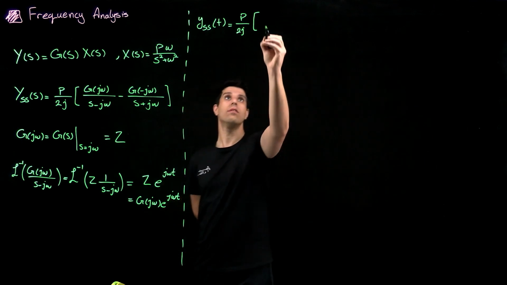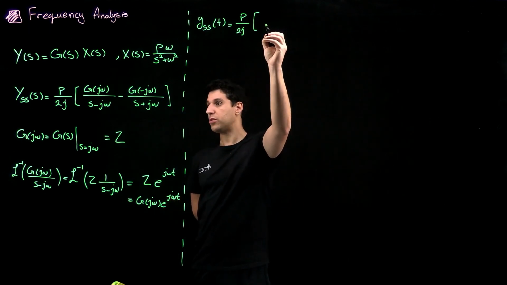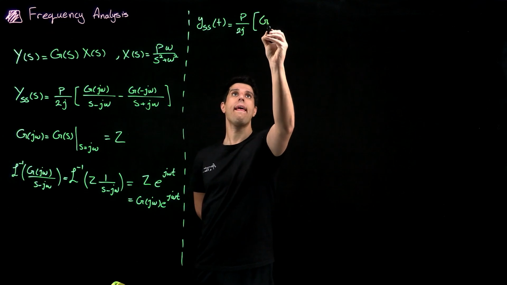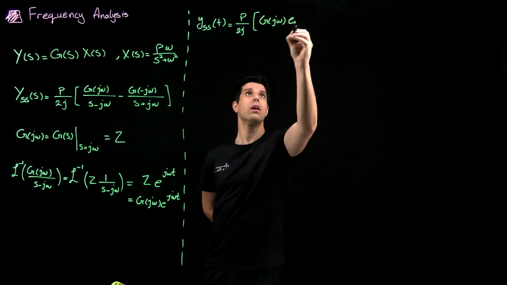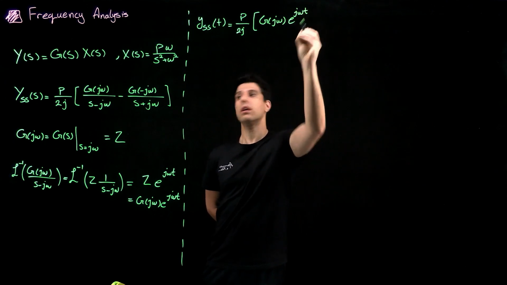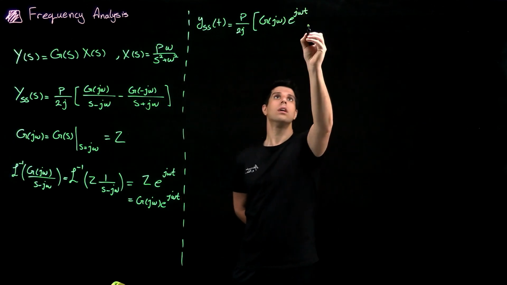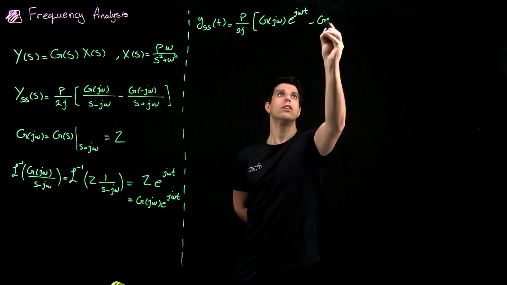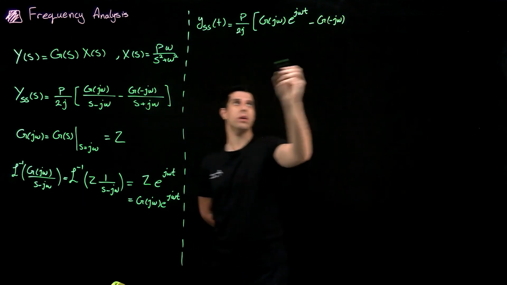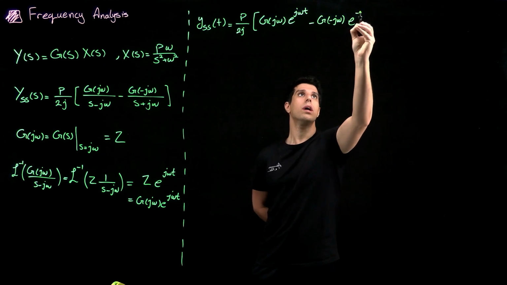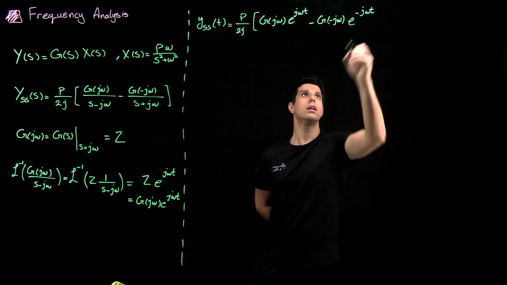So I have G of j omega e to the j omega t, that's the first term, minus G of minus j omega, again another constant number, e to the minus j omega t.